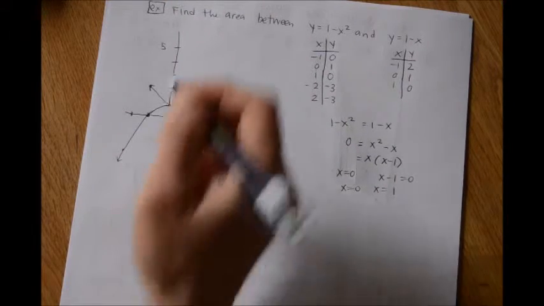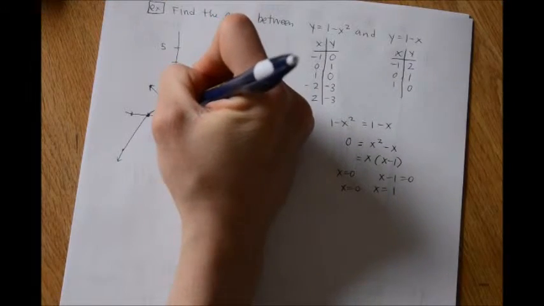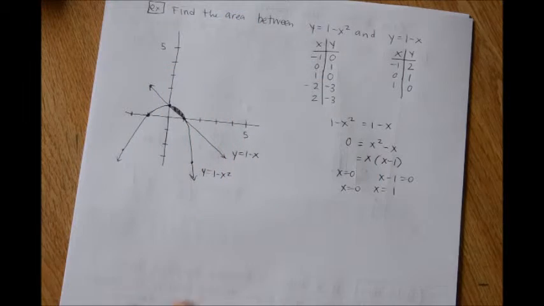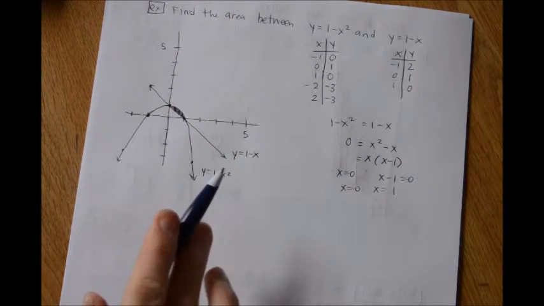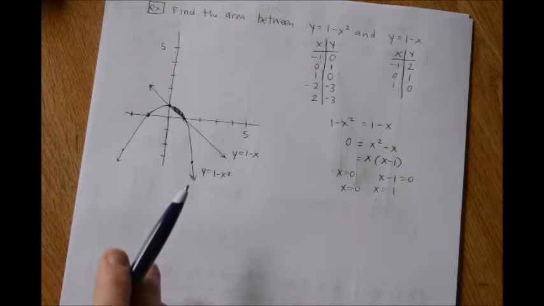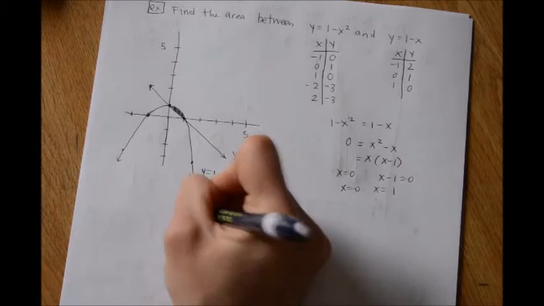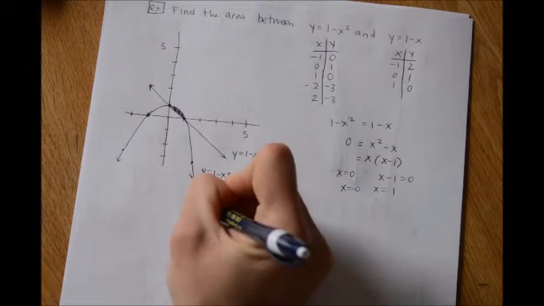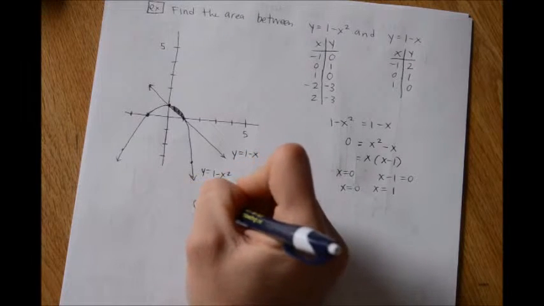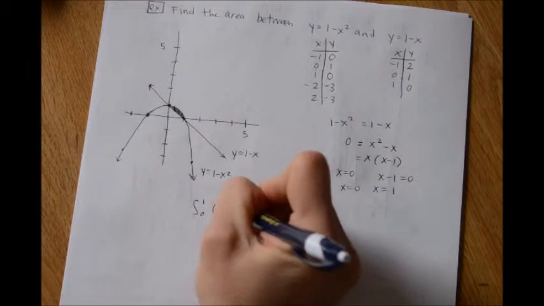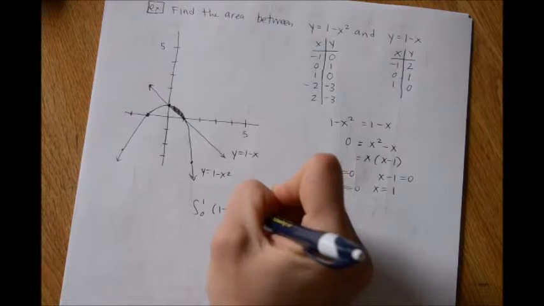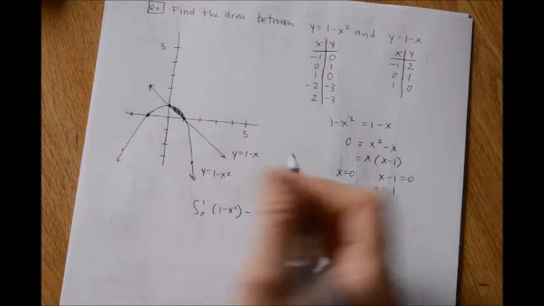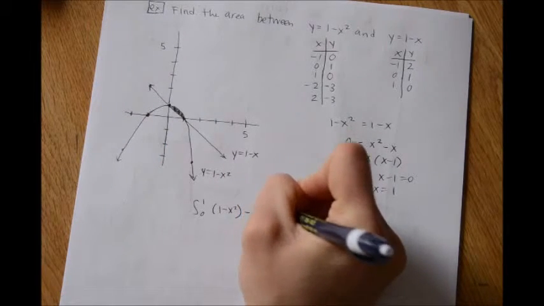If I'm drawing vertical lines, you can see that 1 minus x squared is always on the upper side. So that works out just great. So we have our integral from 0 to 1 of 1 minus x squared, which is the top function, minus the one that's on the bottom, which is 1 minus x.